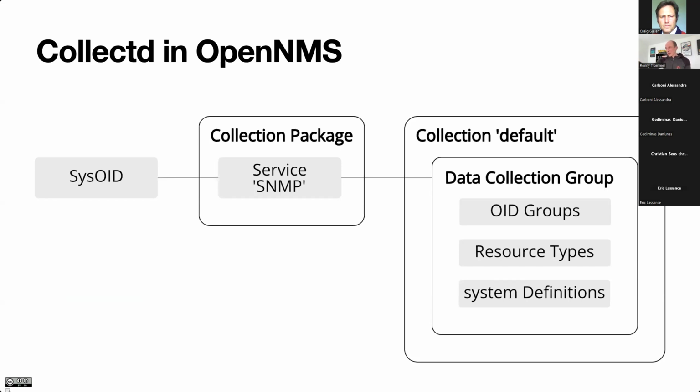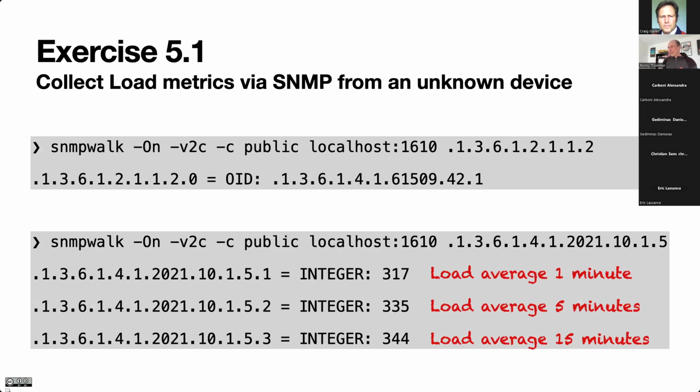That collection package is referenced on a collection set, which we call default. In that collection set default, you have all the OIDs and the system definitions. That gives an idea of how they relate to each other. And that's the place where we can go into our exercise and try to fetch something from OpenNMS.